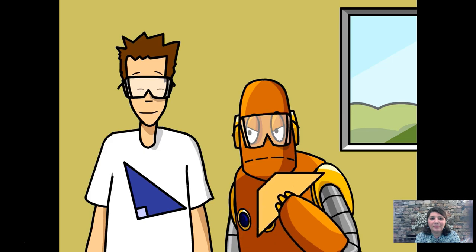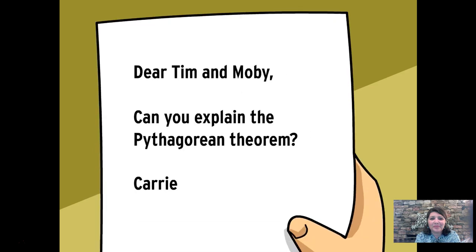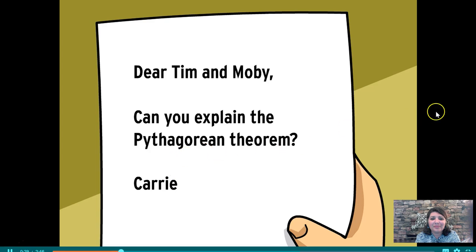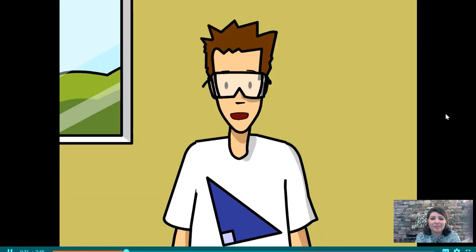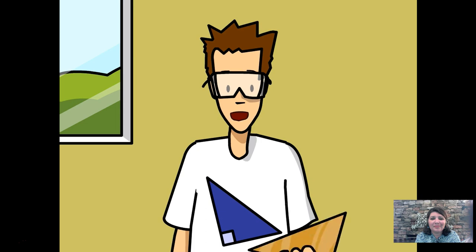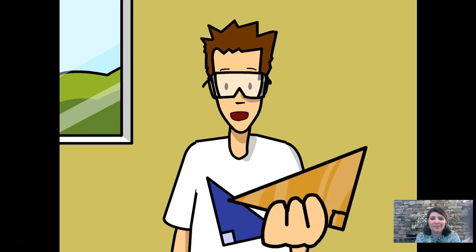Measure twice, cut once. Dear Tim and Moby, can you explain the Pythagorean theorem? From Carrie. Sure thing. The Pythagorean theorem applies to right triangles like this one. Every right triangle has a right angle. That's any angle that measures exactly 90 degrees.